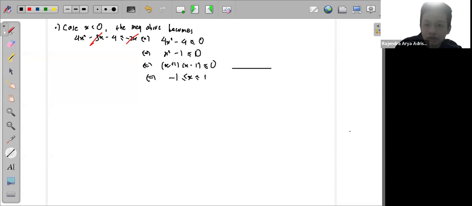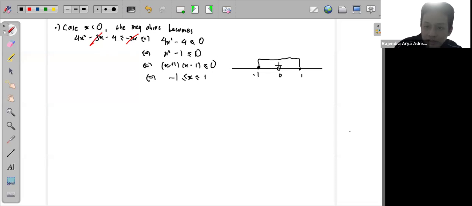Next, we consider the condition for x. The x should be a negative number. First, let me draw. The first condition is right here, right? Minus 1 to positive 1. And the 0 is an open circle because 0 is not included.